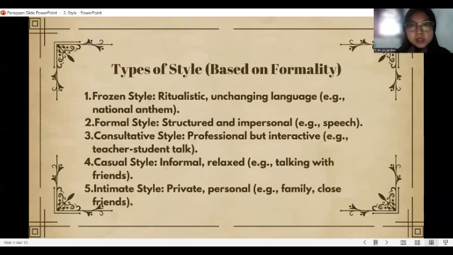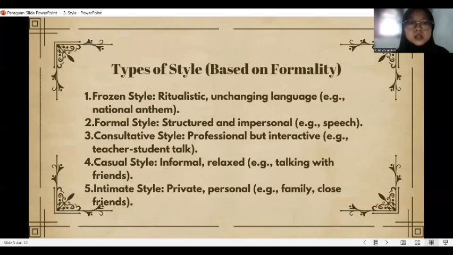Types of style based on formality. Frozen style is ritualistic and unchanging language. Set expressions used in ritual, law, or religious contexts. For example, the national anthem. The second is formal style, used in speeches, presentations, and official settings. For example, in a speech.